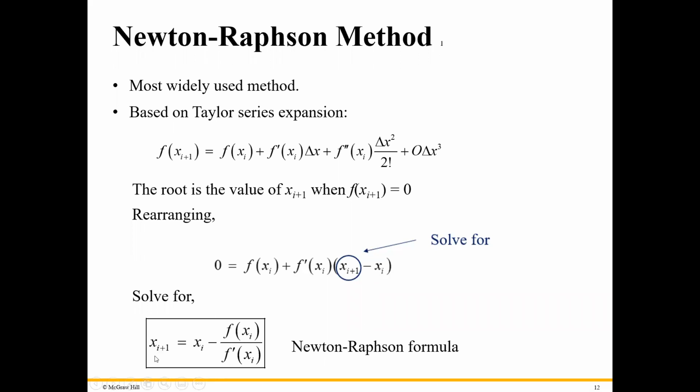In this formula, we can get the next iteration by finding the value of the function and then dividing by the value of the derivative of the function.